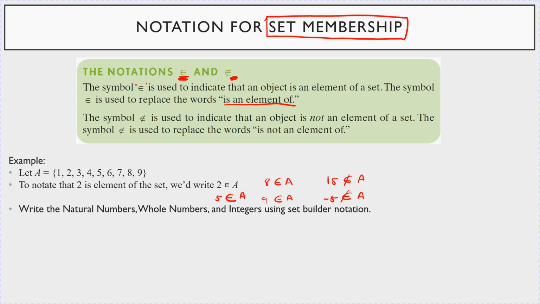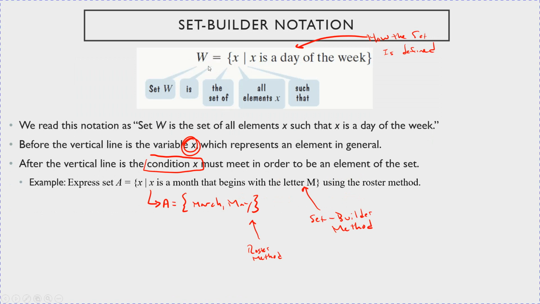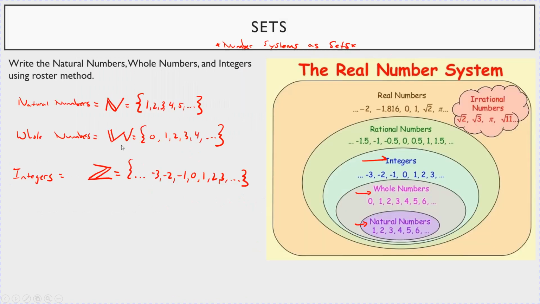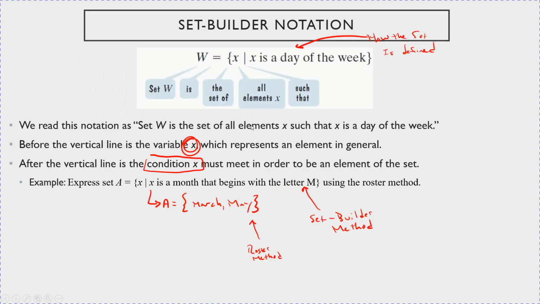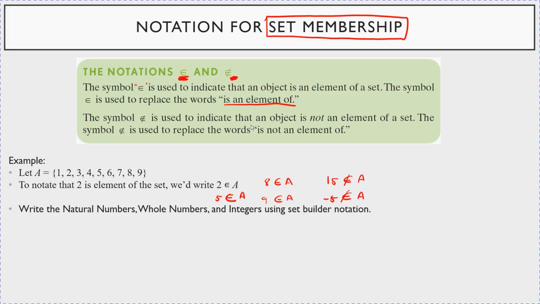So let's write the natural numbers, the whole numbers, and the integers using set builder notation, and we're going to go back and use this notation here. So the natural numbers.